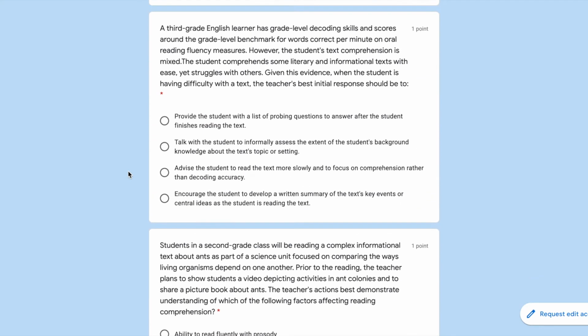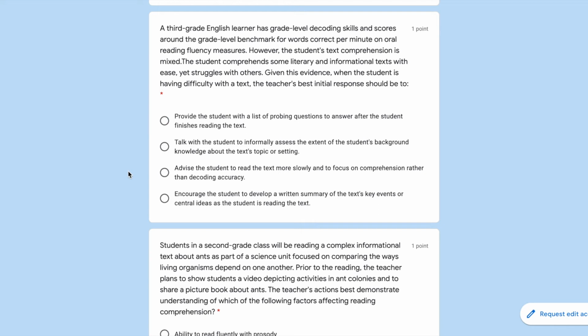The next question goes ahead to say, a third grade English learner has grade level decoding skills and scores around the grade level benchmark for words correct per minute on oral reading fluency measures. However, the student's text comprehension is mixed. The student comprehends some literary and informational text with ease, yet struggles with others. Given this evidence, when the student is having difficulty with a text, the teacher's best initial response should be to: A. Provide the student with a list of probing questions to answer after the student finishes reading the text.